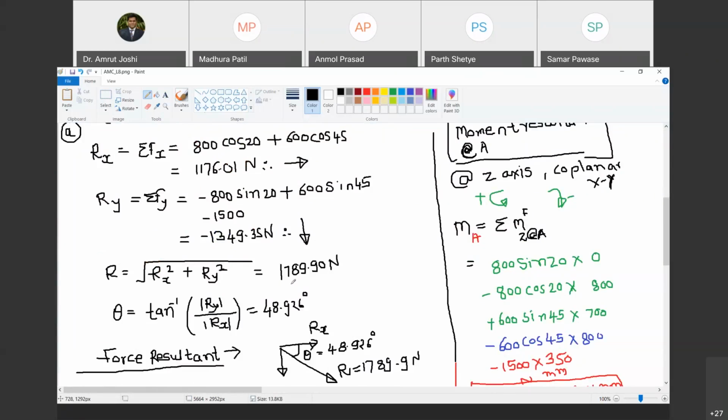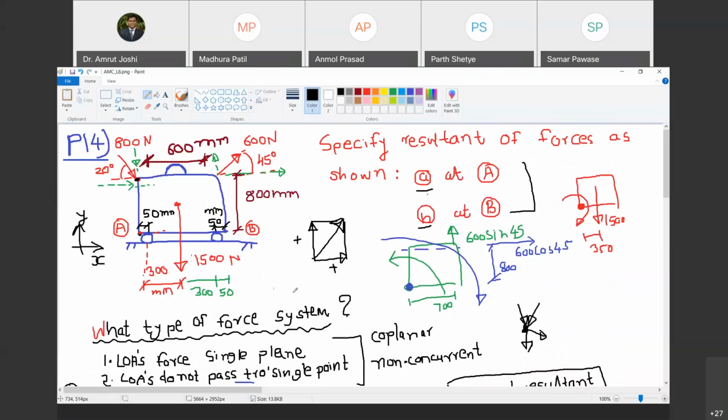Yes, so there are two kinds of problems we have to solve in finding the resultant. Why do we require that? When we solve some practical problems, since today's is a conceptual problem, after this discussion you will understand why that is absolutely necessary. So first thing, if I specify a point on the body and ask you to find out the resultant of a coplanar non-concurrent force system there, typically it is going to have a force resultant as well as a moment resultant.